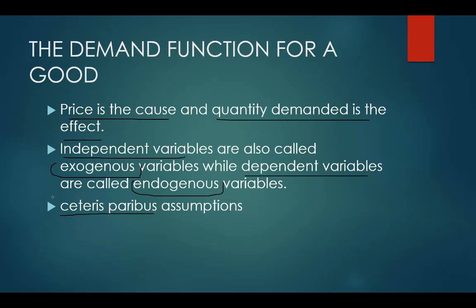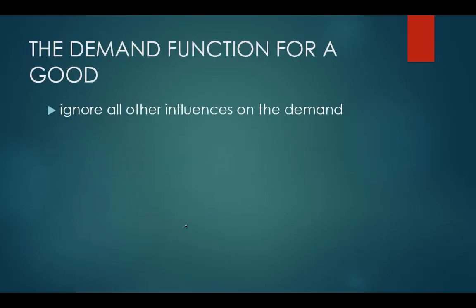The demand function, which expresses the functional relationship between the quantity demanded of a good and its own price, is based on ceteris paribus assumptions. That is, we only allow the own price of the commodity to vary with demand, with everything else held constant at their pre-assigned values.